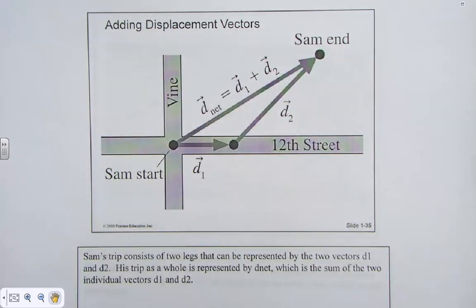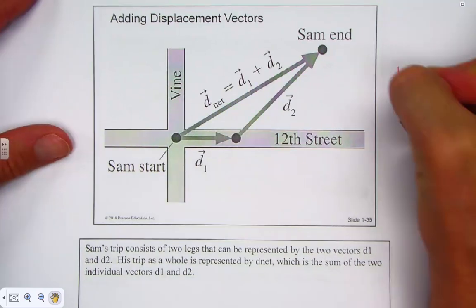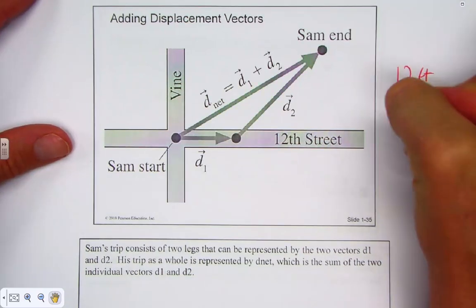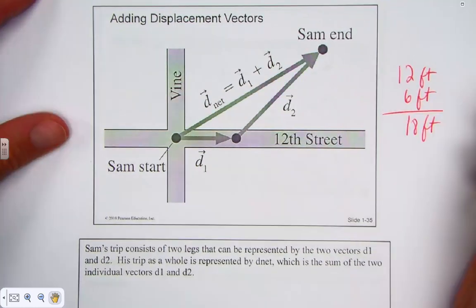When we're adding displacement vectors, as with any vectors, it is very different than adding scalar quantities. In other words, if I had 2 numbers with like units and they are scalar quantities, meaning no direction given, I simply add them together. 12 feet plus 6 feet is 18 feet long.